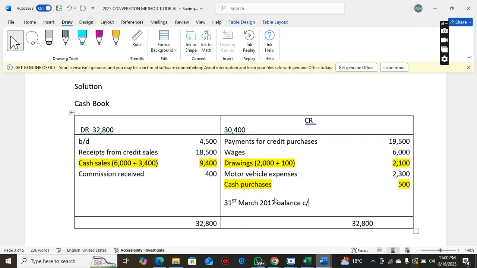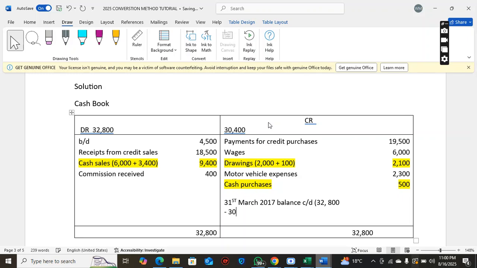So the balance carried down, you're just subtracting debit minus credit. Colleagues, with these T accounts, it's always either you're subtracting debit minus credit or credit minus debit. Whichever is higher comes first. So you say 32,800 minus 30,400, 2,400.